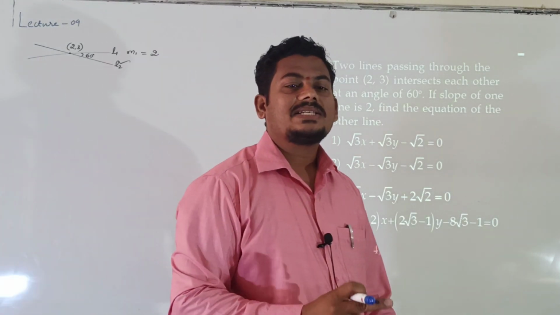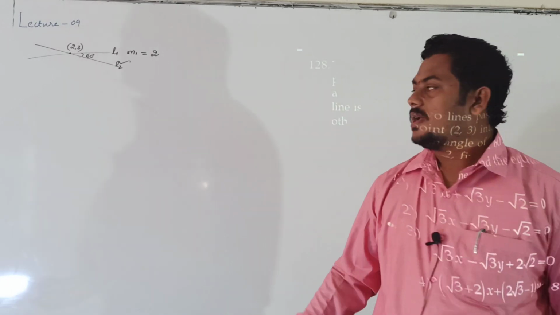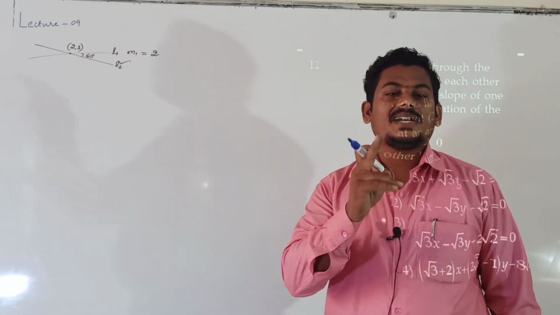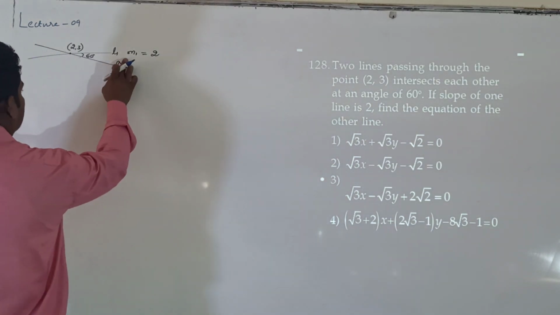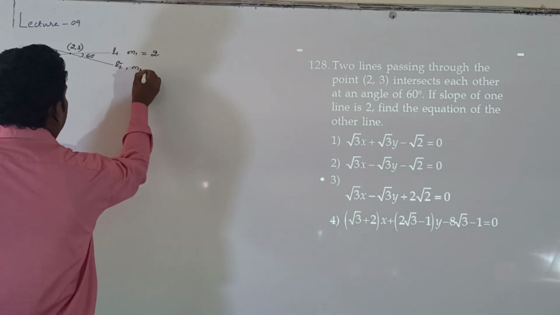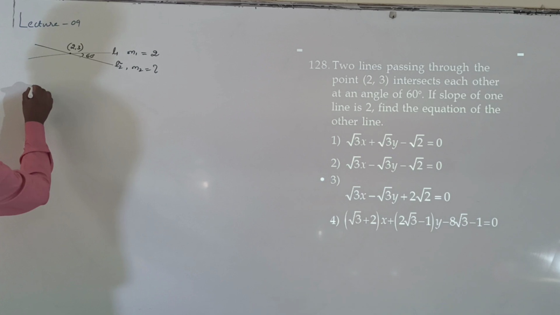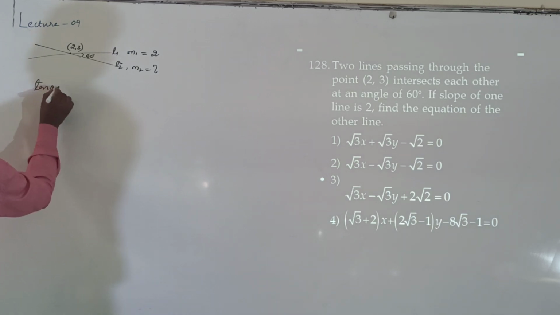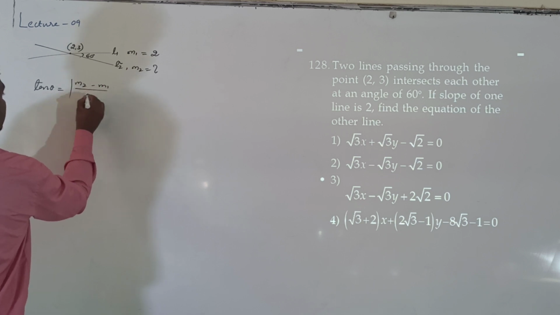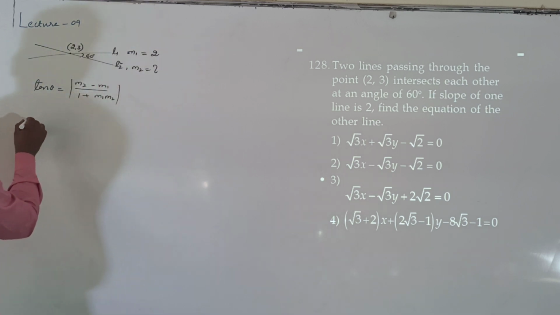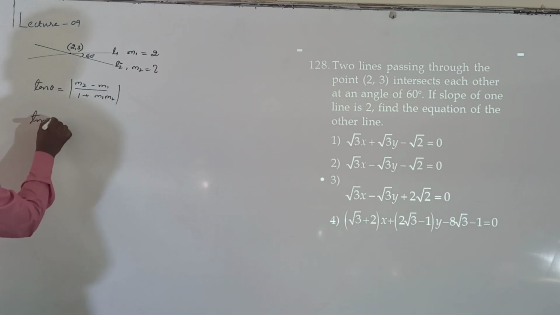For finding the equation of L2 we need its slope. One point they have given, so just find the slope of line 2, that is m2. Angle between two lines formula: modulus of m2 minus m1 divided by 1 plus m1 into m2 equals tan 60 degree, right?